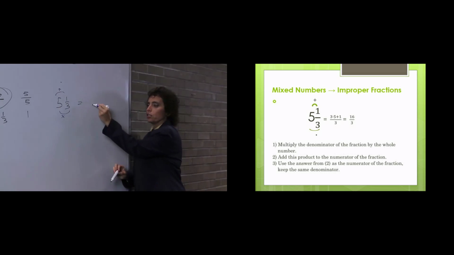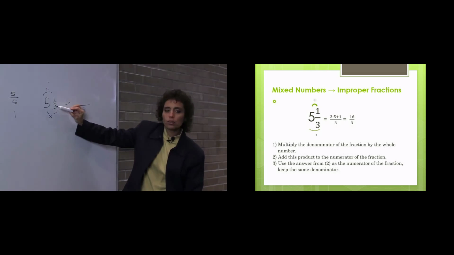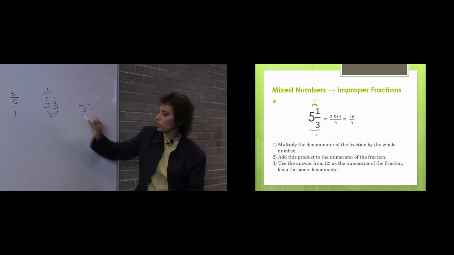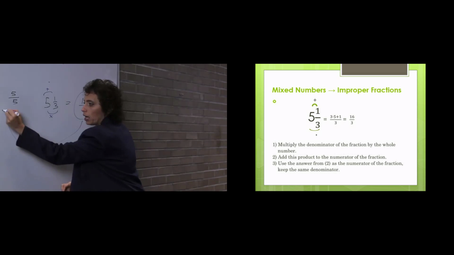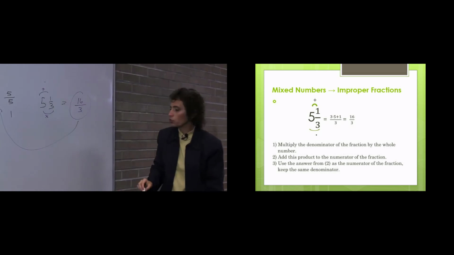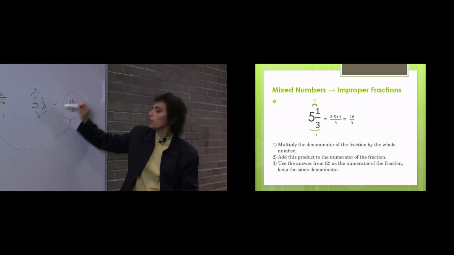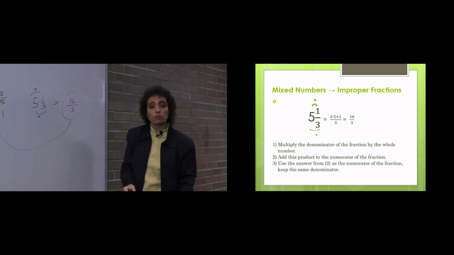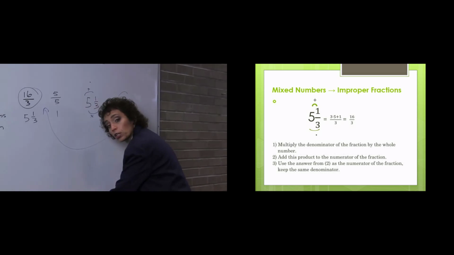So watch. 3 is the denominator, and then you just multiply. 3 times 5 is 15, plus 1 is 16. There's your 16/3, which is the same answer you got when I drew the whole thing out. So you multiply the denominator by the whole number, add the numerator, and then put it over the denominator. Pretty easy. So you're going to get to try some. Give them your best shot, and then we'll look at the answers together.